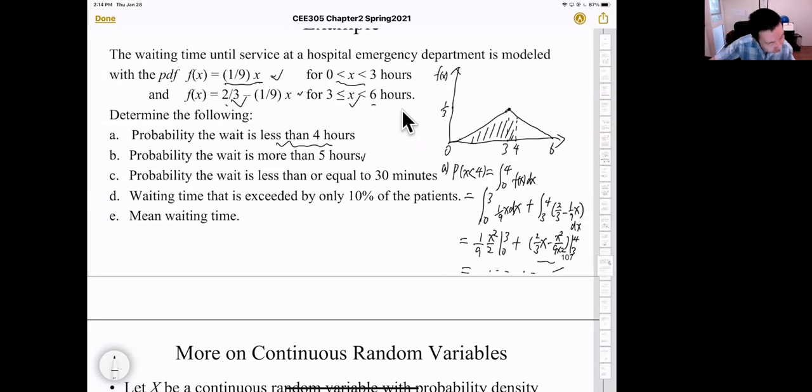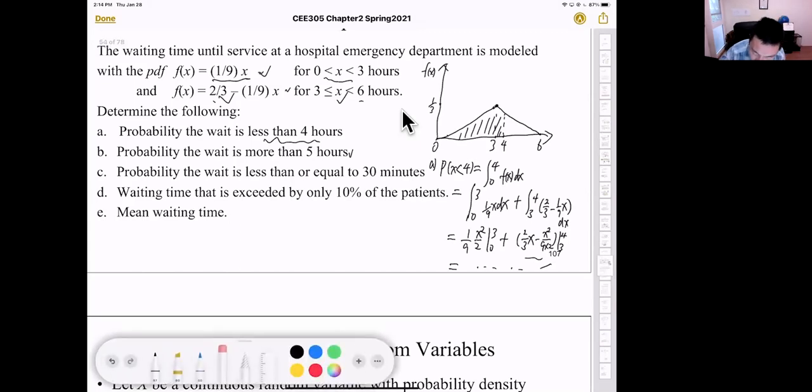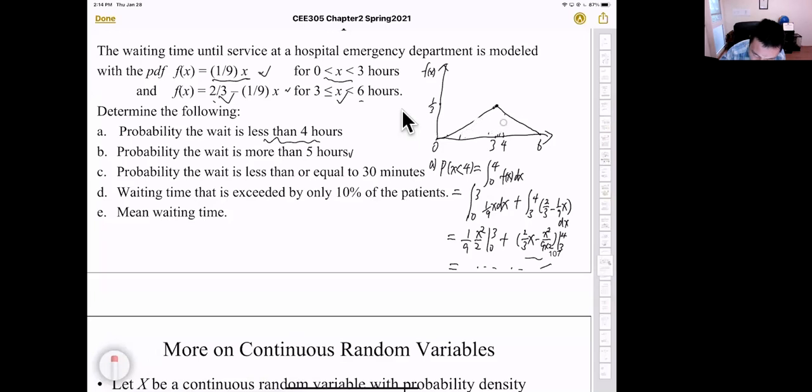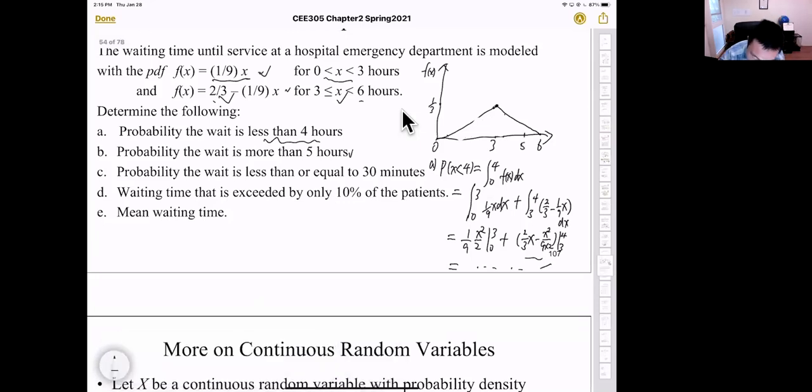For B, probability the wait is more than 5 hours. So more than 5 hours. Again, let's look at the curve. Let's see, 5 is here. So more than 5 hours, that's this area. So again, we do the integration for part B. P(X larger than 5). We do the integration between 5 to 6.